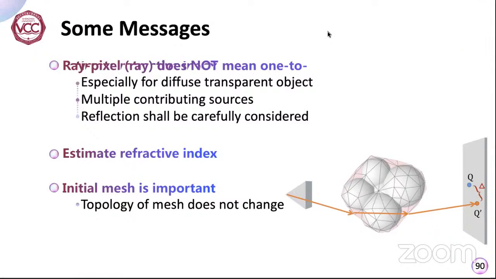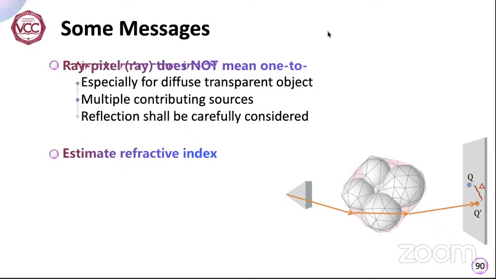Okay, so this is actually an interesting question. We haven't tried, but I think it's quite possible, because when we capture, if we have a partial part that is transparent, we can still capture the ray pixel correspondence, and we can still apply differentiable ray tracing. So we can still reconstruct the transparent area.